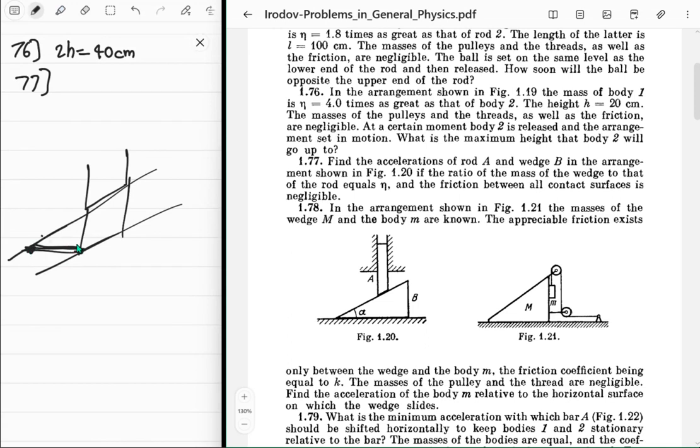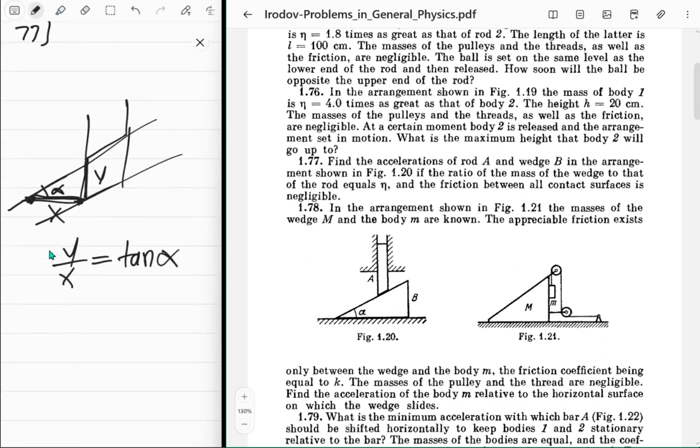The angle of the wedge is obviously alpha, and if this is y and this is x, then y upon x is equal to tan alpha. That means the downward displacement of this rod upon the horizontal displacement of the wedge is just tan alpha.